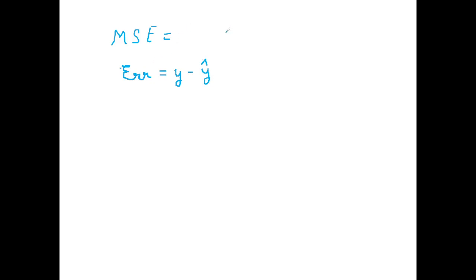Talking about mean square error, initially I take the error, which is y minus y hat. Next, I need to take its square. Next, I need to take its mean. For mean, I take the summation where i goes from 1 to n, and further divide it by the total number of values, n.